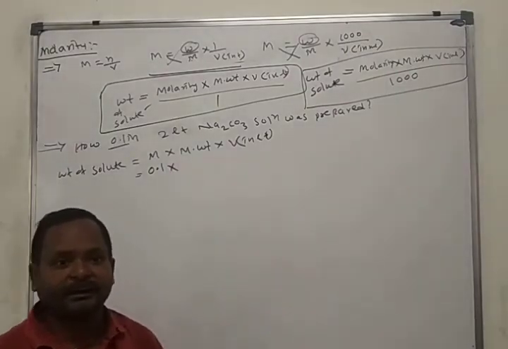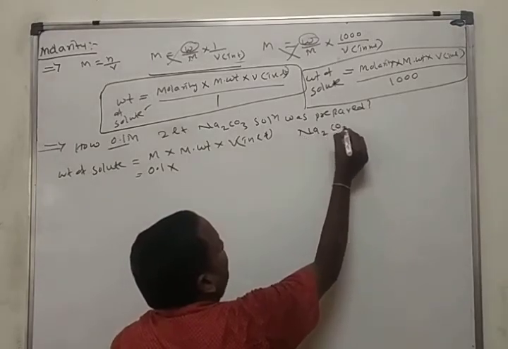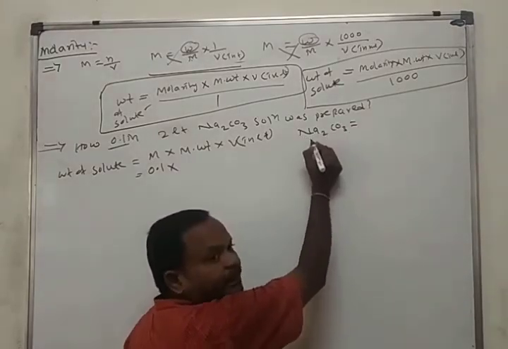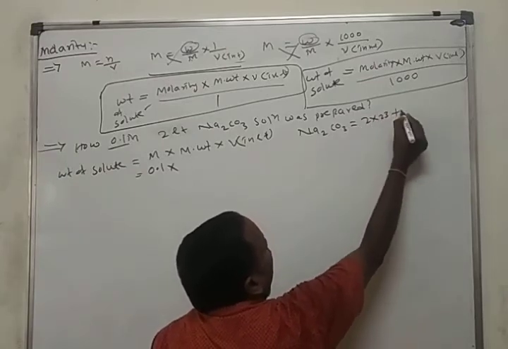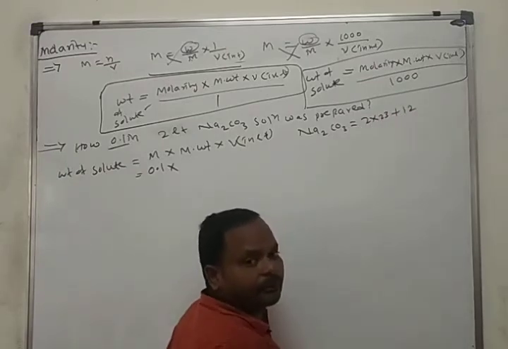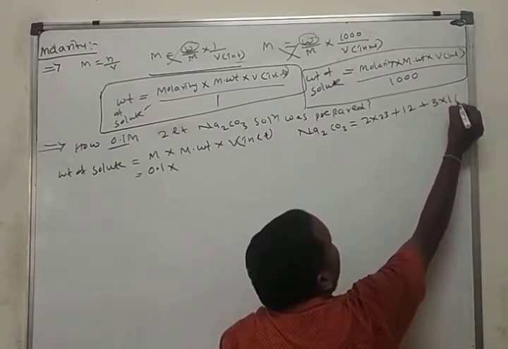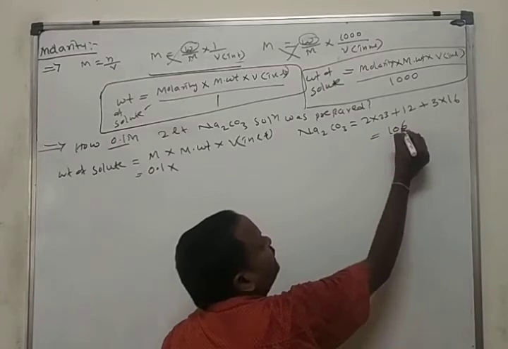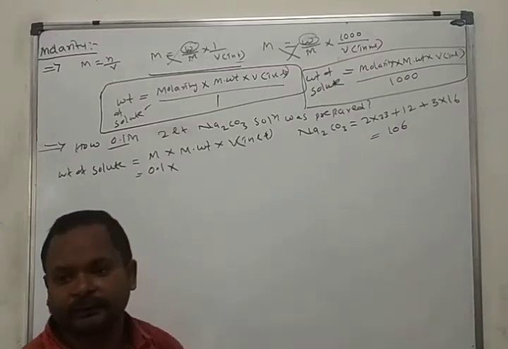It's important. Sodium: how many sodiums are there? 2. 2 into 23, plus how many carbons? Only 1, 12. Plus how many oxygens? 3, 3 into 16. Total 106. The molecular weight of sodium carbonate is 106.